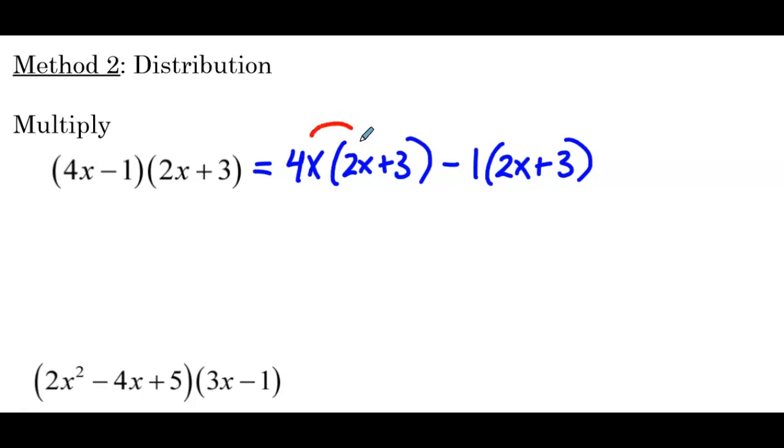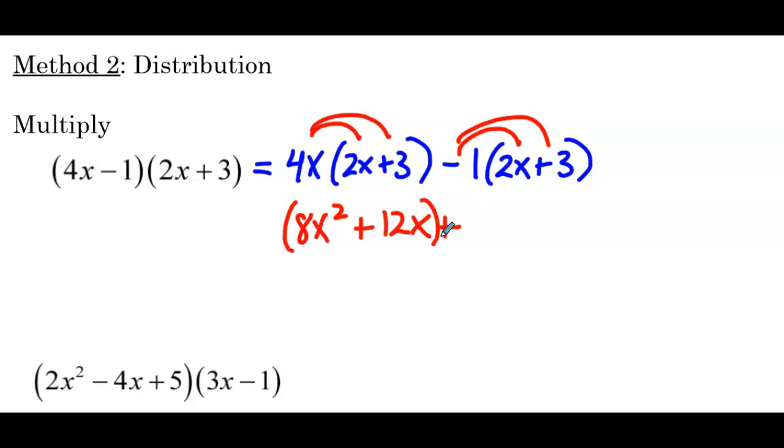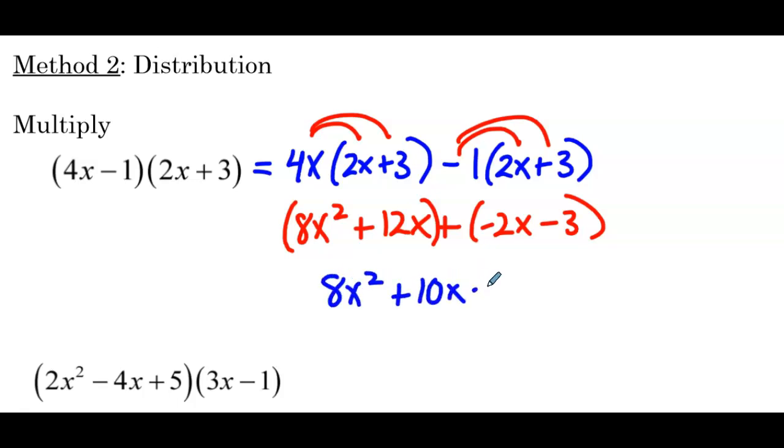So we'd have 8x squared plus 12x, and then plus negative 2x minus 3. Now we have the addition of two polynomials, tying back into some of our past work, and that's going to be 8x squared plus 10x minus 3.